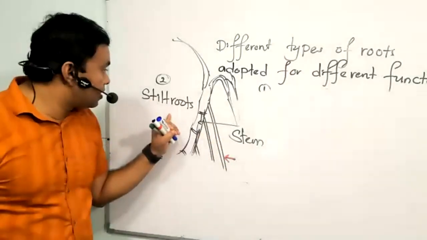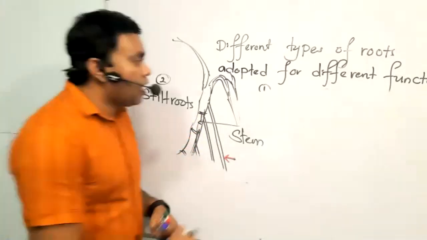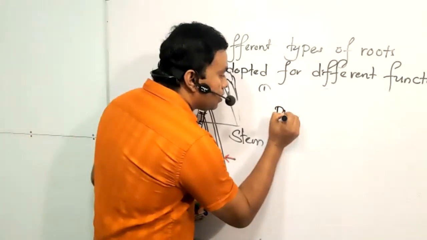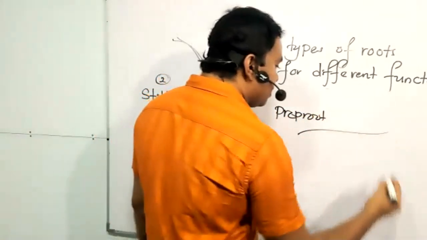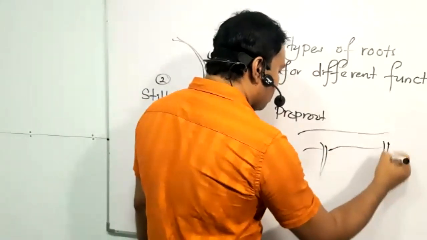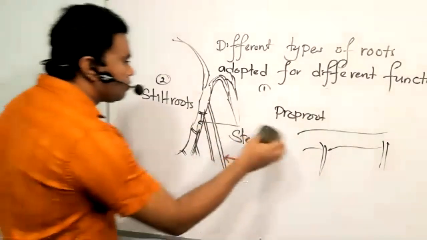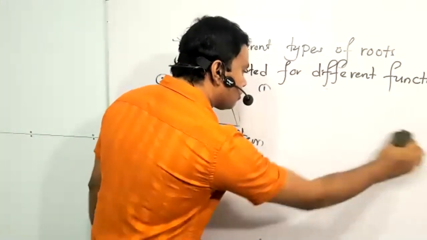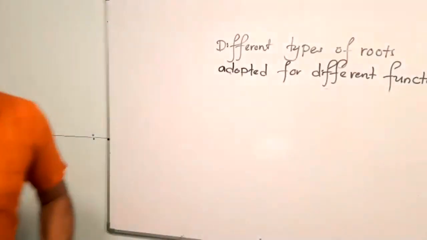So stilt root supports the stem, and prop root supports the branch. Yes, you are correct. Good. I'll give you a note, okay? So next type of root.